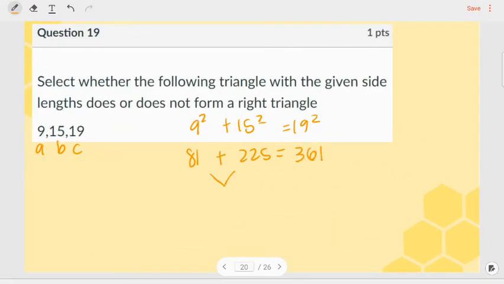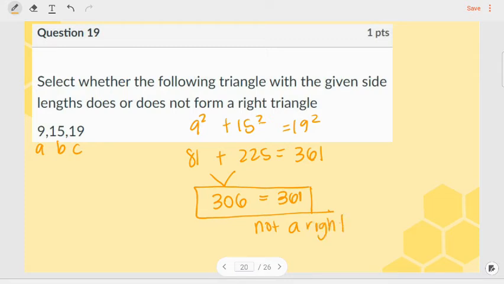When I add these two values together, I am going to get 306. Like I said, these are not the same, so this is not a right triangle. My formula did not work out, so this is not a right triangle.